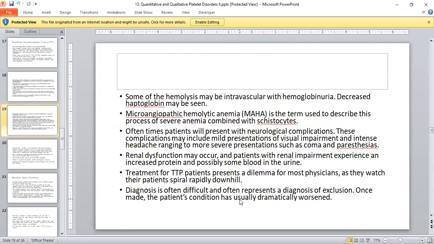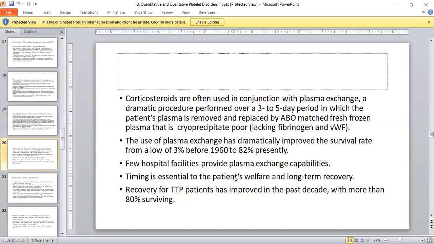So this is just describing that anemia. Treatment is difficult because patients present as a dilemma for the physicians. It's difficult to treat this disease, but corticosteroids in conjunction with a plasma exchange are usually helpful.